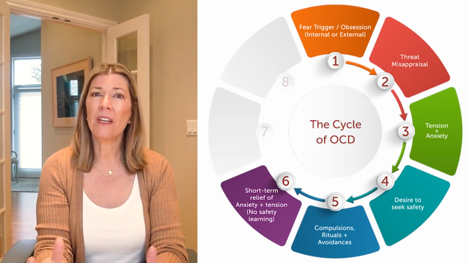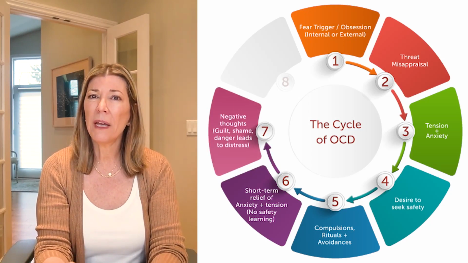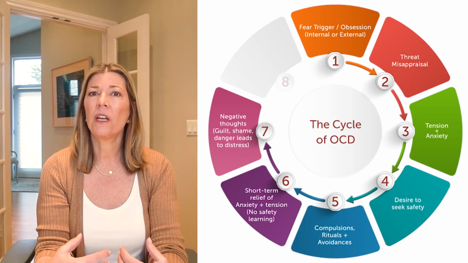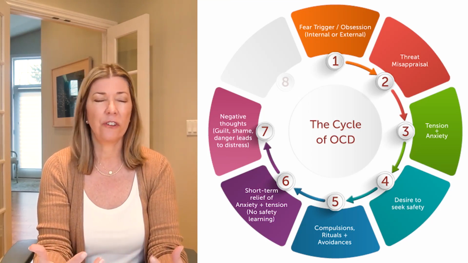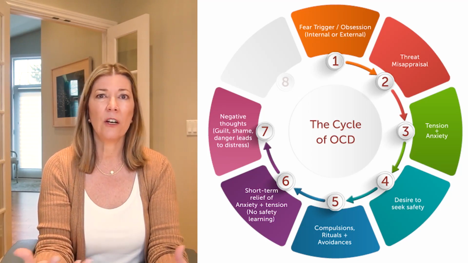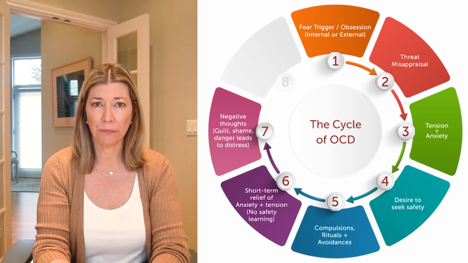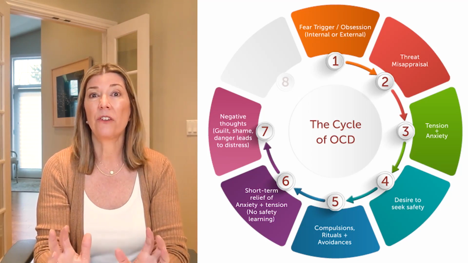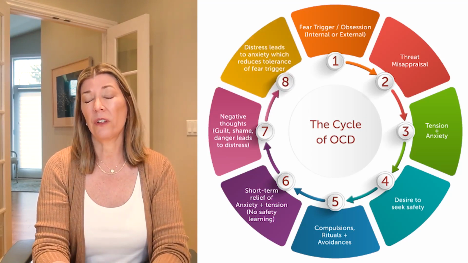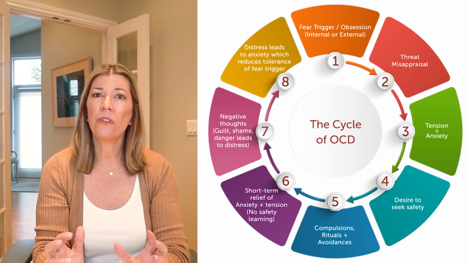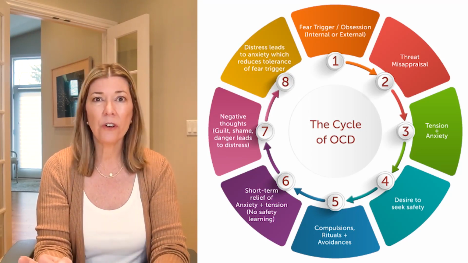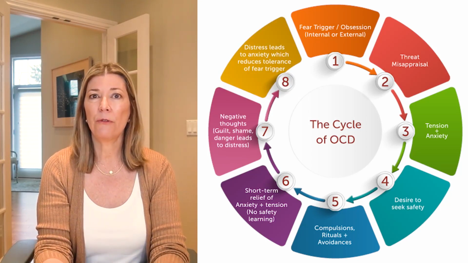Now at number 7, if you have OCD, you may understand this. There's an experience of negative thoughts and feelings like guilt and shame and depression and anger or frustration. In number 8, this distress leads to more anxiety, and this further reduces the tolerance of the original obsessive thought or fear trigger.